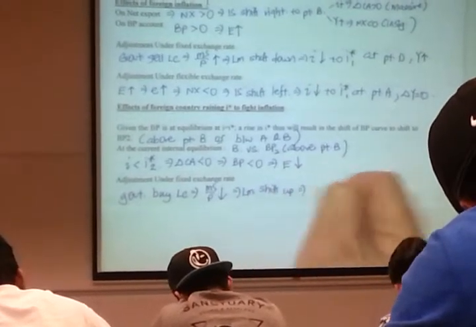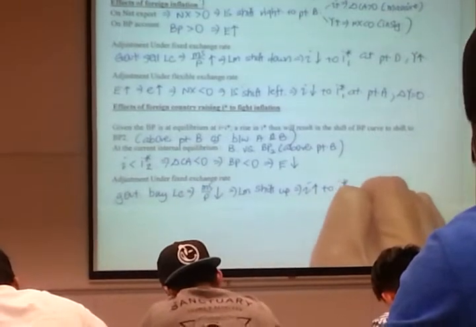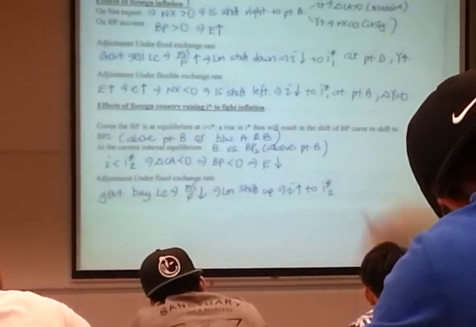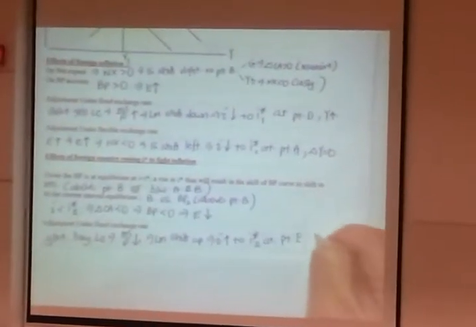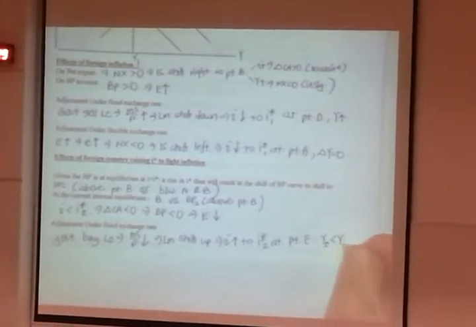And when you do so, interest rate will go up to I star 2. And you will reach a point, let's call it E. And you can see income at point E is lesser than income at point D. I'll show you in a moment.